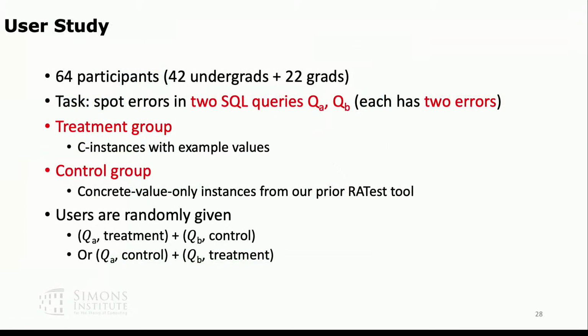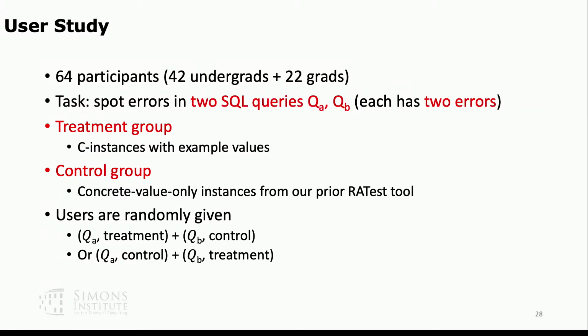Okay, so I will show you that in this project, we frequently do user studies in consultation with the IRB. Here we had a pilot study with some undergraduate and graduate students. We gave them two SQL queries, QA and QB, to spot errors in; each has two errors.